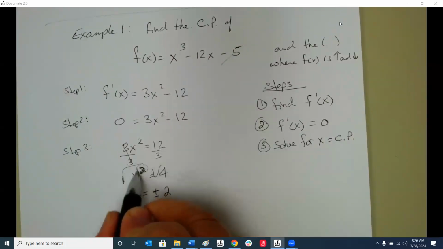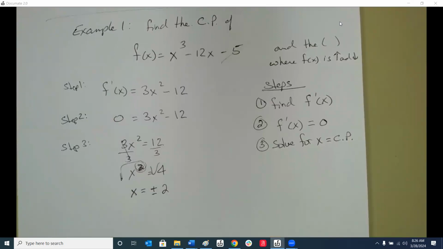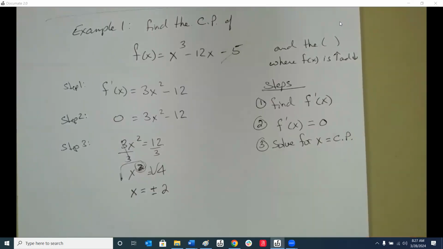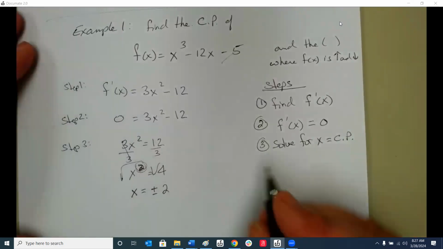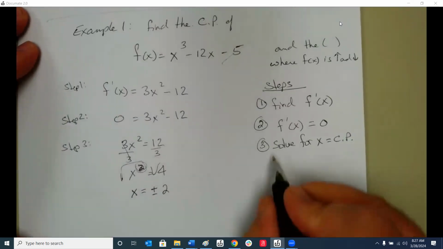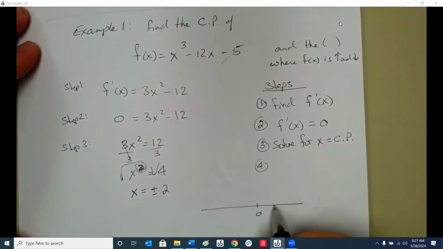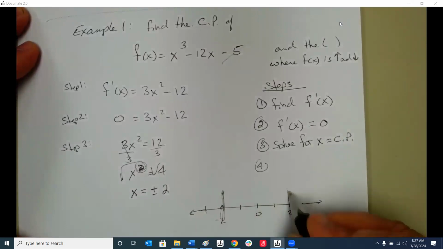Because we have to have two solutions. So those are our critical values. Okay. Now what do? We know on our number line our critical points are here.